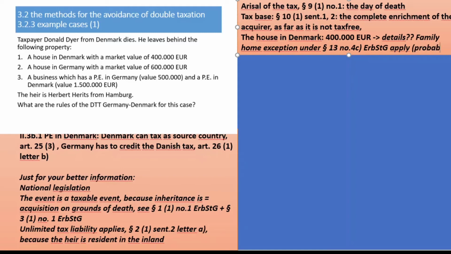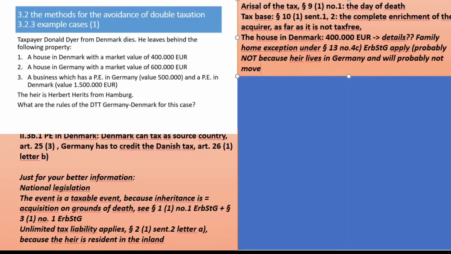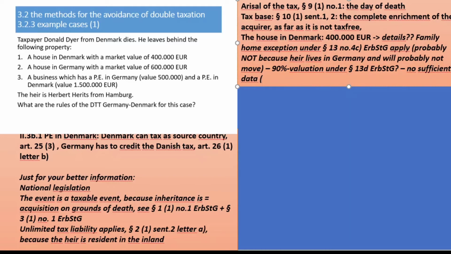Probably not, because the heir lives in Germany and will probably not move in. And we don't know if the house really was inhabited by Donald Dyer before he died. So 90% valuation under paragraph 13d of the German Inheritance Tax Act. There we would also need additional data, because it's not clear if it's let to tenants.